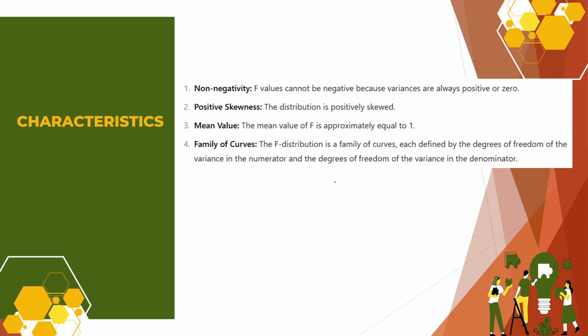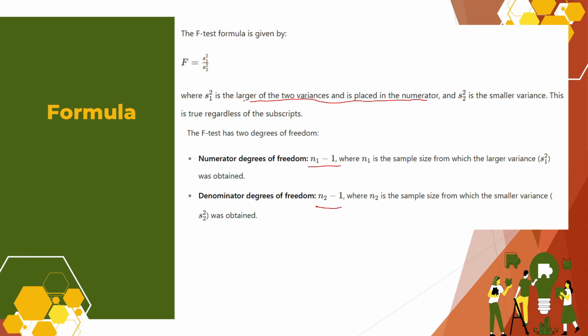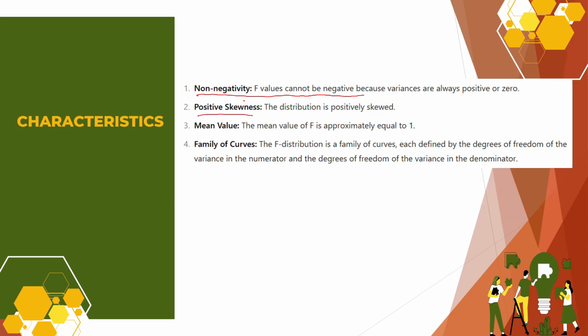The second is positive skewness: the distribution is positively skewed. The third is that the mean value of F is approximately equal to 1.